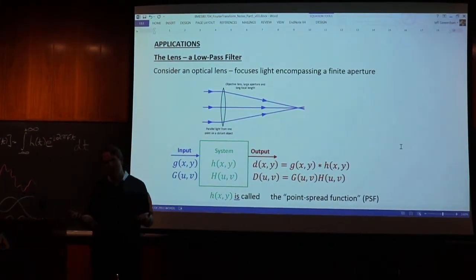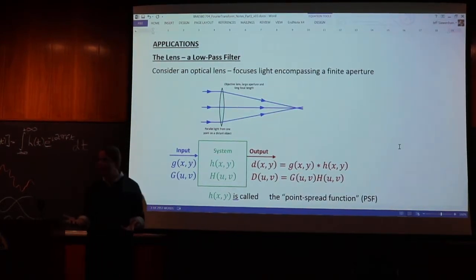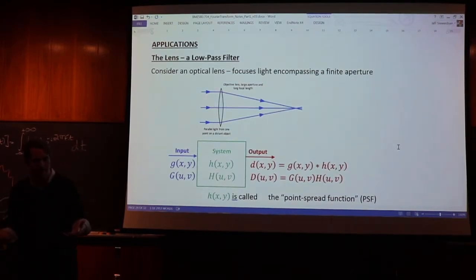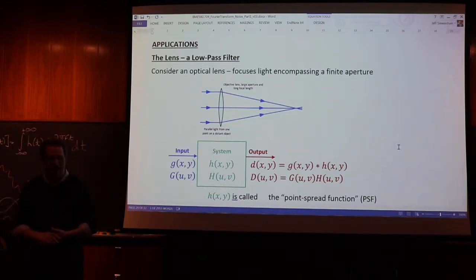So what would a high-pass filter in the spatial domain look like? Huh? What is it? High-pass in space. Sharpening, yeah. Or edges, right?